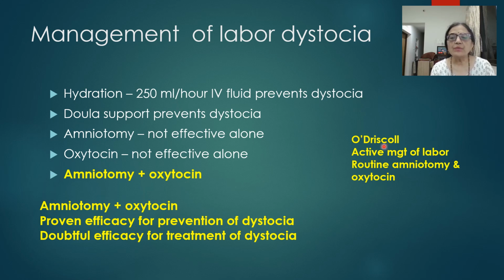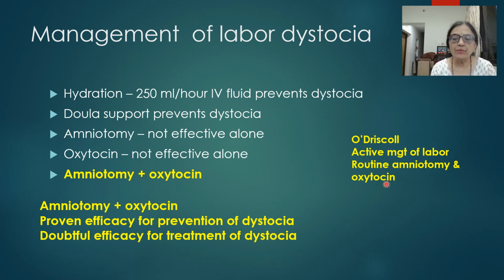Now, O'Driscoll was the first person who introduced the concept of active management of labor long back in the 1980s, and he introduced the concept of using amniotomy and oxytocin as a routine to reduce the duration of labor, to reduce dystocia, and to reduce cesarean section rate.